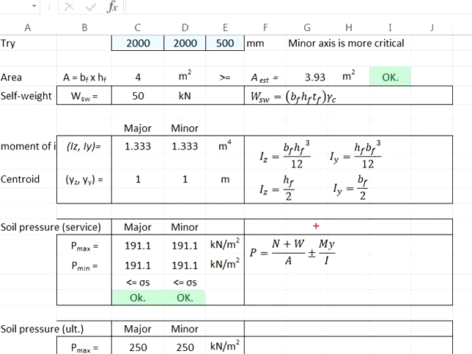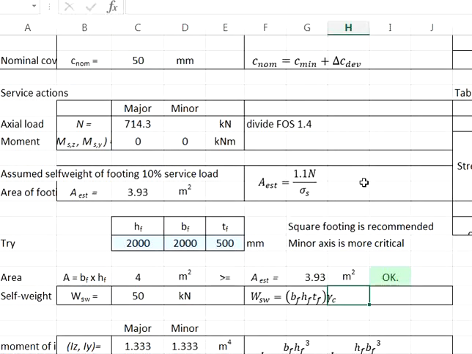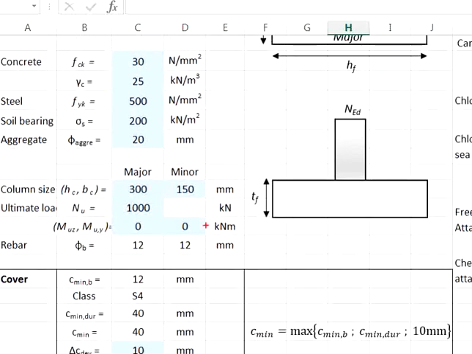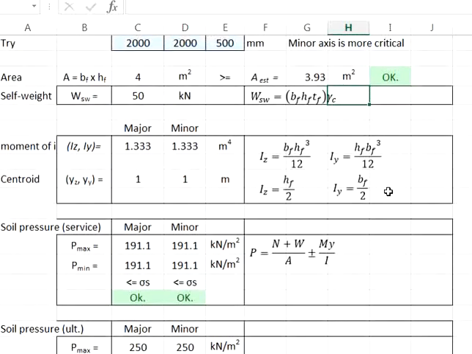In the case that there is moment acting onto the pad footing, then you need to consider the effects of the moment based on M over I. In this case, we only have the axial load, but we don't have any moment. That means, in order to determine the pressure acting onto the soil, we can exclude the effects of the moment.